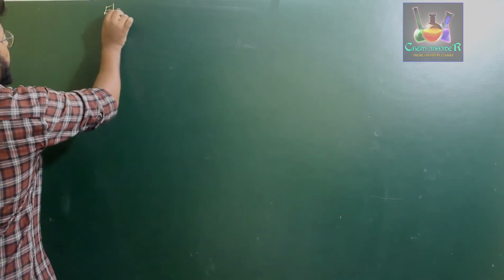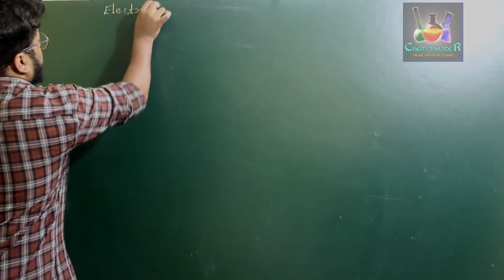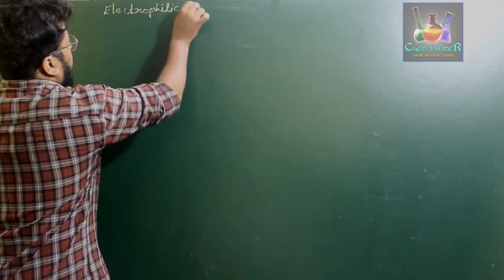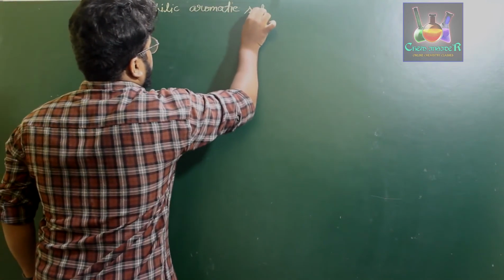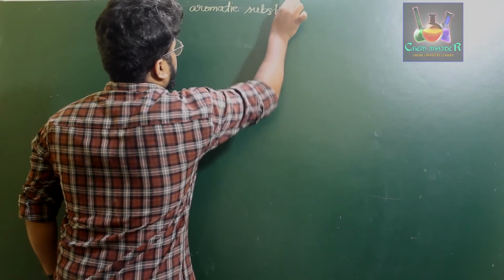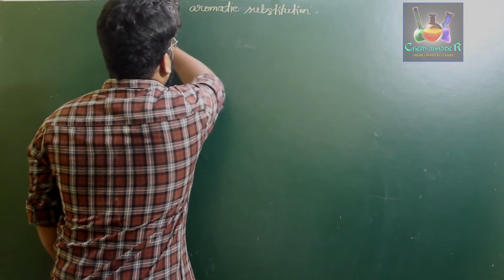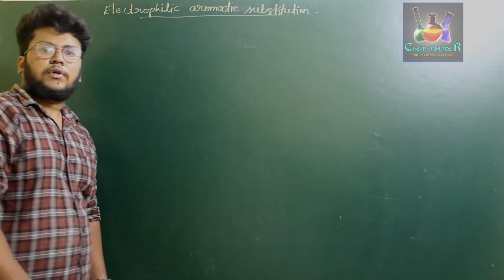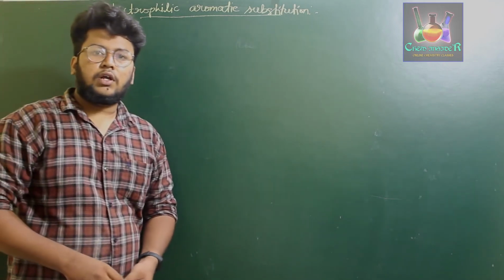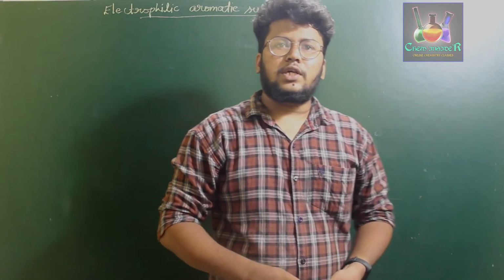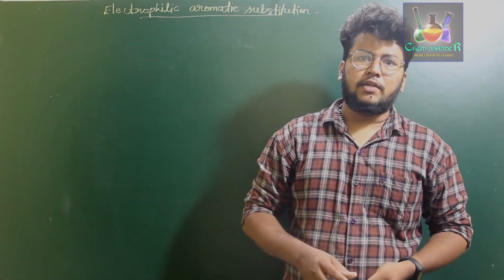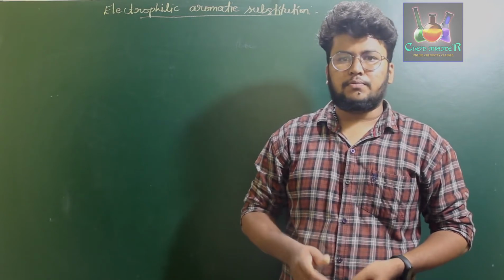So first, write the heading: electrophilic aromatic substitution of phenols. Phenol undergoes two types of electrophilic substitution reaction, one which involves the nitration process and the other which involves the halogenation process.